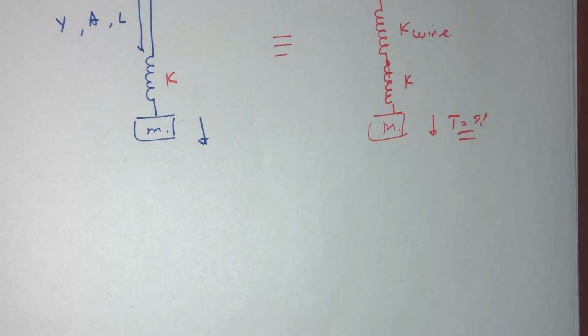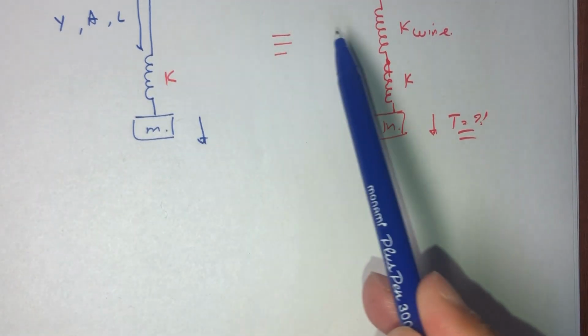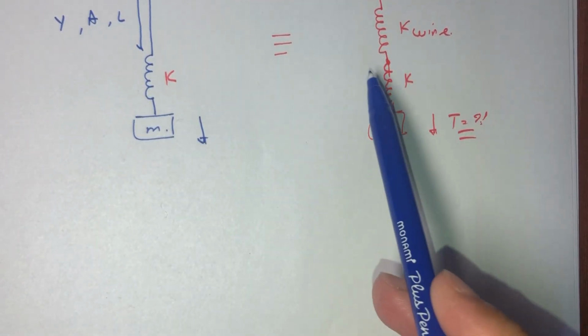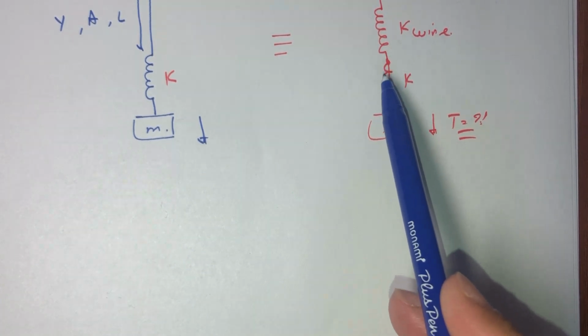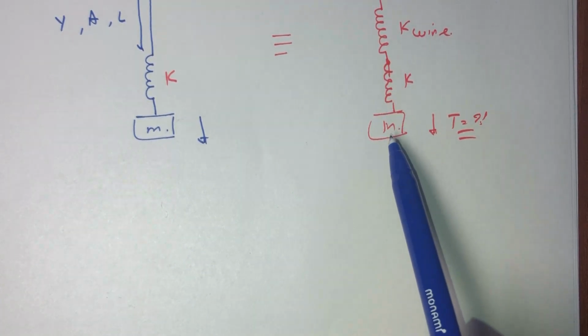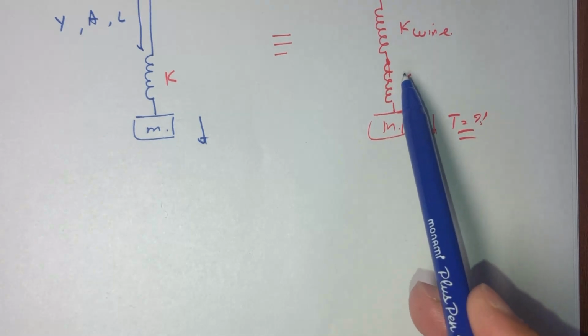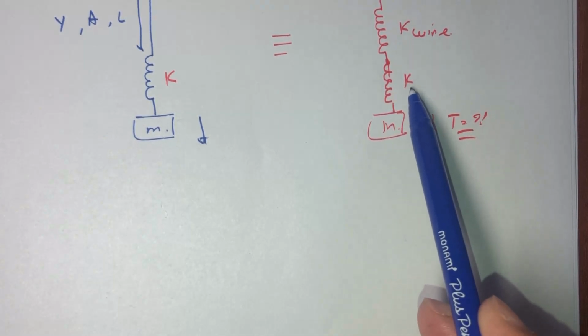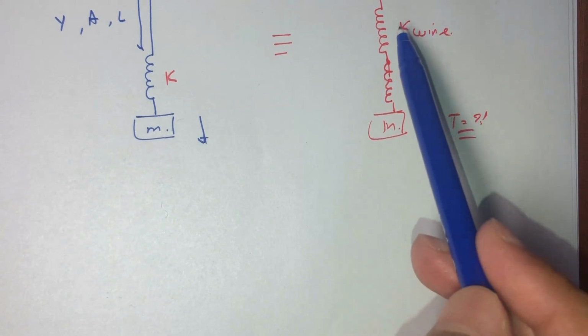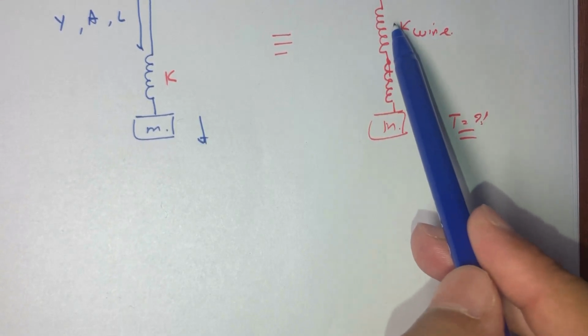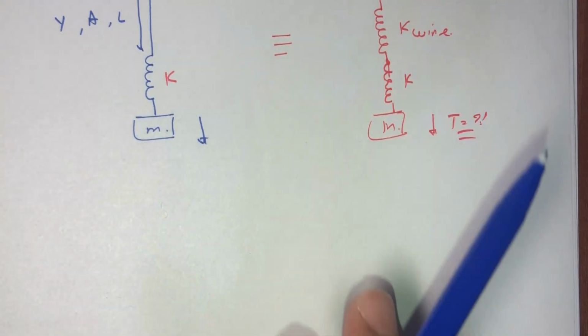So as now the wire is also acting as a spring, there will be two restoring forces acting on the mass. One will be due to the spring, whose spring constant is K, and another one will be due to the elongation of the wire, because now the wire is also acting as a spring.